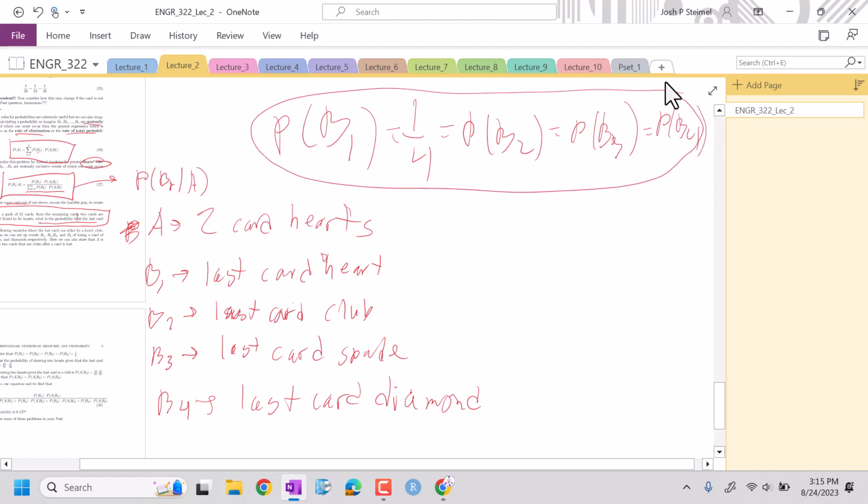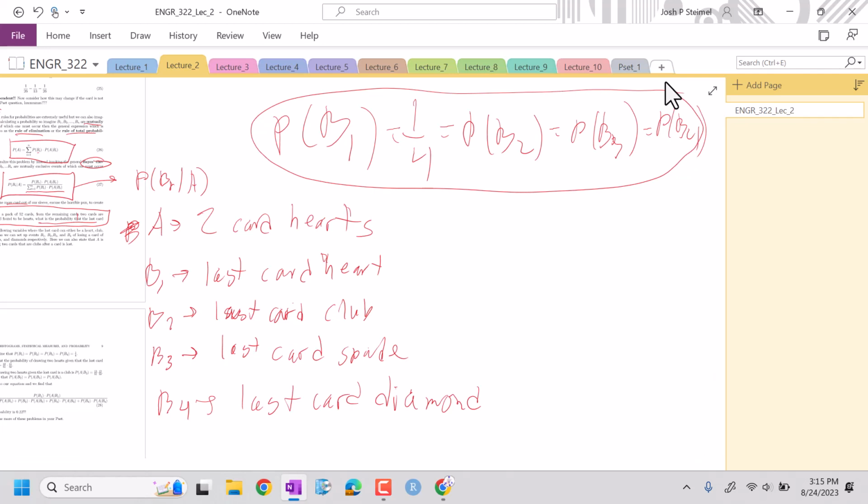We have equal probabilities, a fourth, because we're looking at the type of that card, whether it's a heart, club, spade, or diamond. So hopefully that part is a little more straightforward.